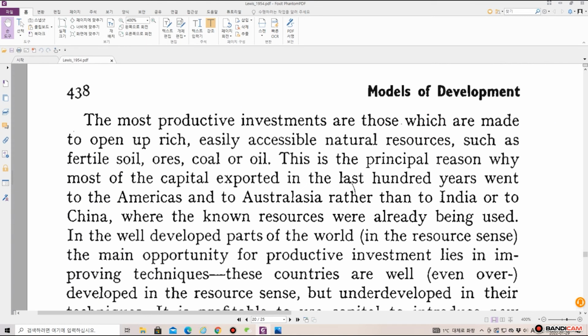The most productive investments are those which are made to open up rich, easily accessible natural resources such as fertile soil, ores, coal, or oil. This is the principal reason why most of the capital exported in the last 100 years went to the Americas and to Australia rather than to India or to China, where the known resources were already being used.